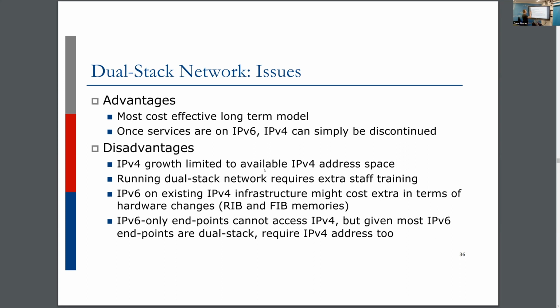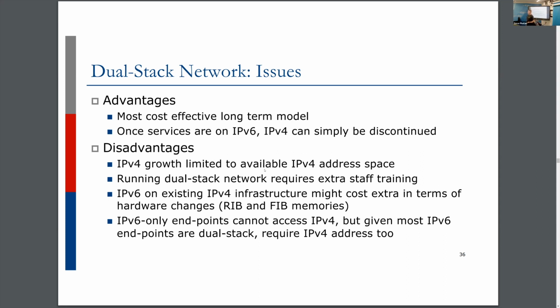So a disadvantage of doing this is that V4 growth is only limited to the amount of V4 address space you have. Running dual stack, your staff, which is why you're here, need to understand how V6 works. And this is not so much of an issue these days, but IPv6 on V4 infrastructure might cost you a bit more if you have to upgrade hardware.